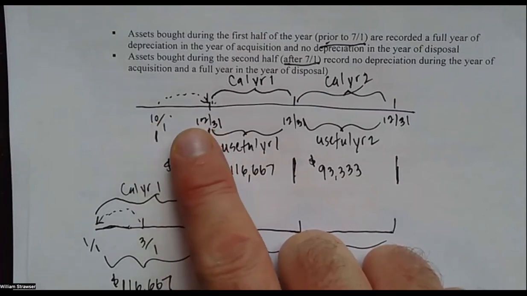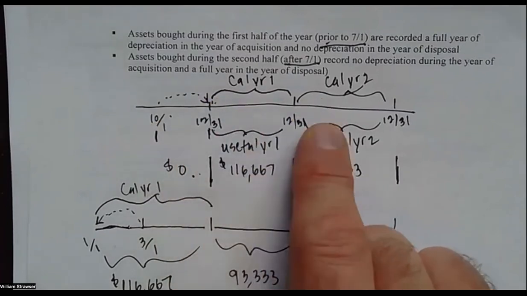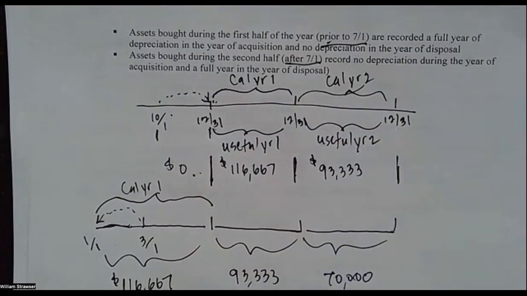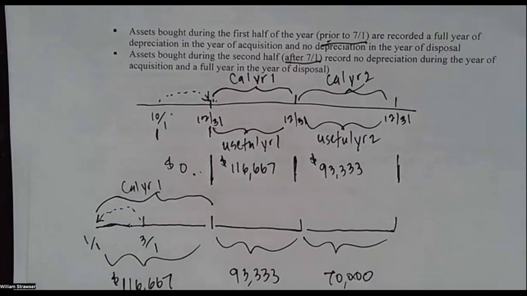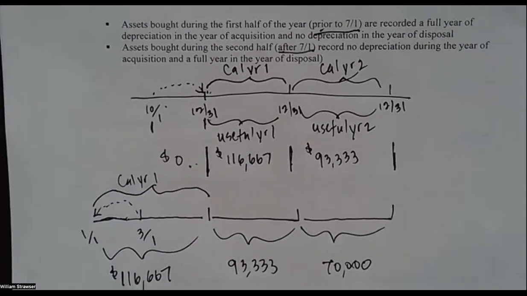Well, that's okay, because I'm going to end up recognizing it in the future, one way or the other. And that tiny amount of 3 months of depreciation on a single fixed asset doesn't really end up being a material amount for us to worry about. And so both of these are extremely popular in practice. It keeps the calculation simple for something that doesn't need to be overly complicated or exact.